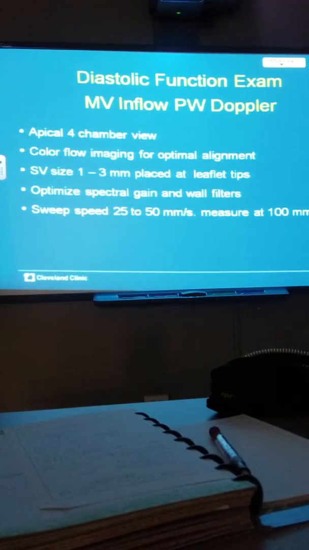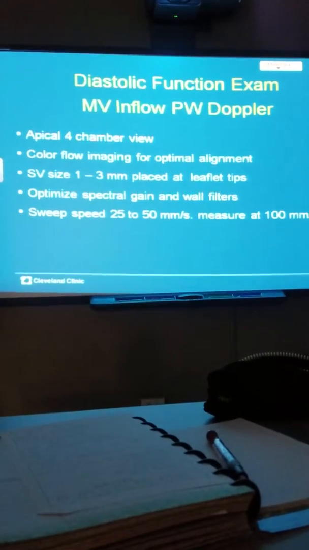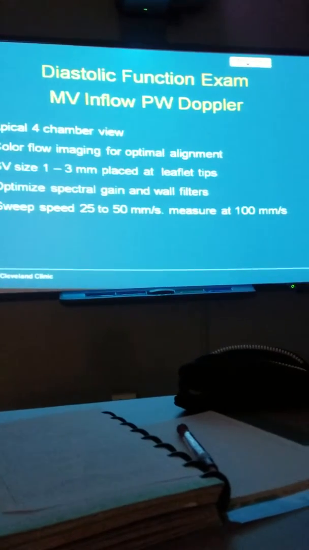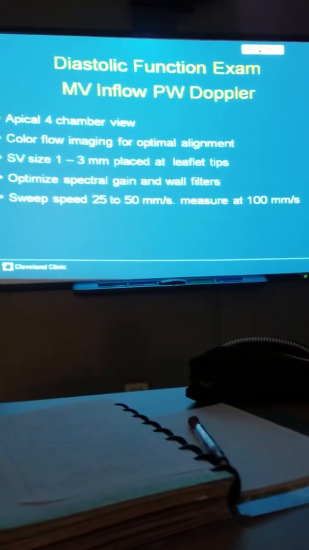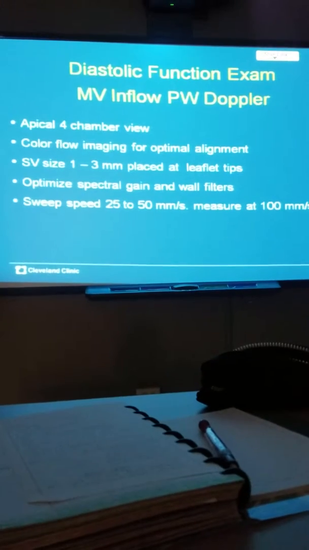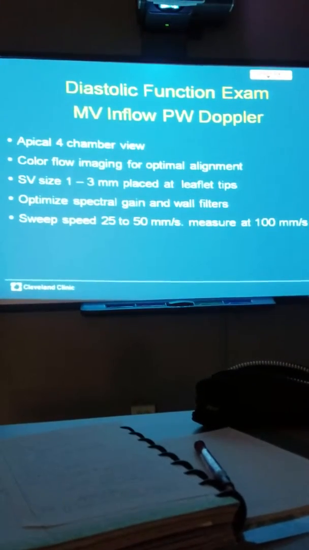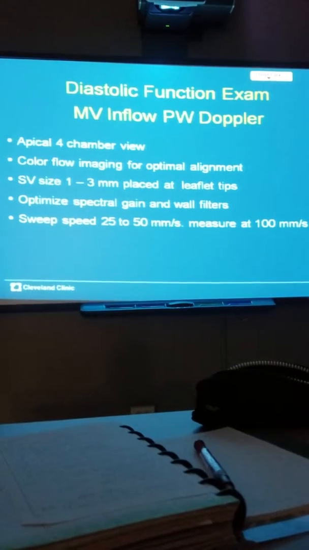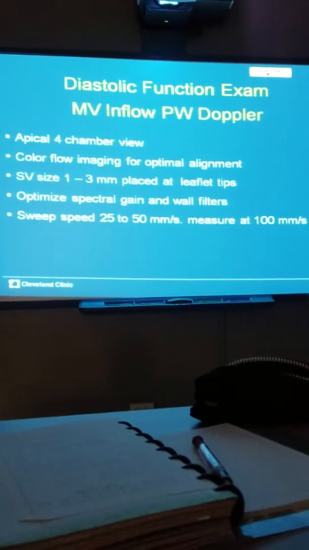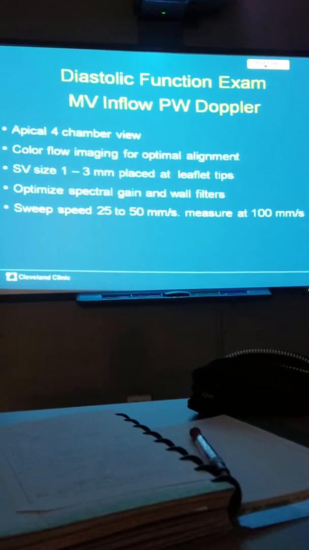So for the mitral valve inflow, you're going to use an apical 4-chamber view. You're going to put your color flow on for optimal alignment so that you're parallel with flow. And the sample volume size should be between 1 and 3 millimeters, and you want to place that at the leaflet tips. You want to optimize your spectral gain and your wall filters.